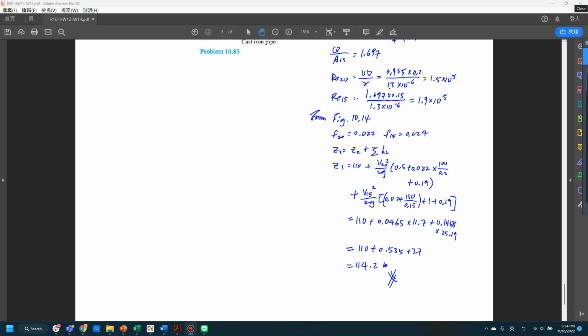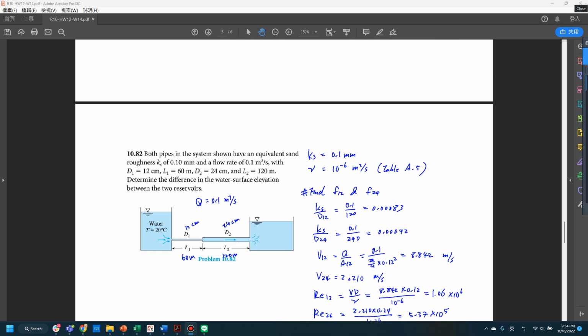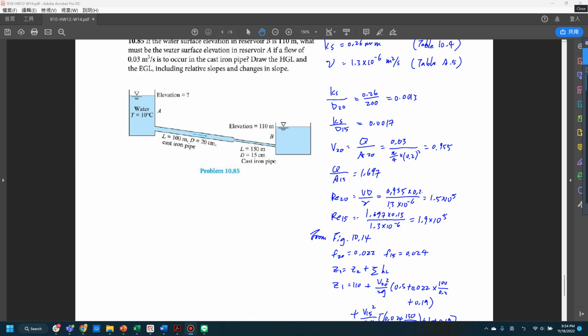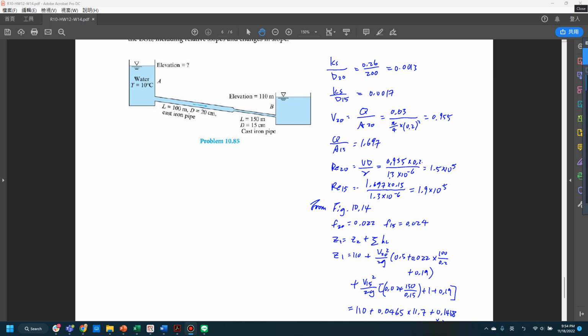So the entire term after the calculation is equal to 114.2 meters. So basically, it is the same procedure as problem 10.82. So yeah, this is the recitation for this homework 12.